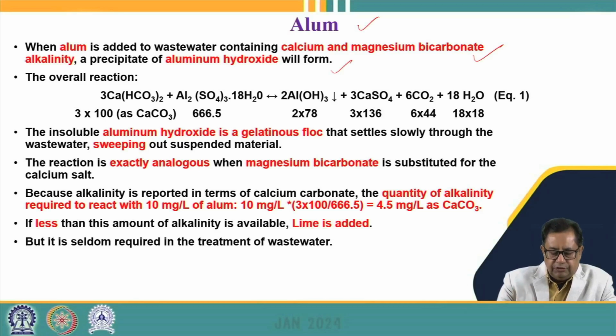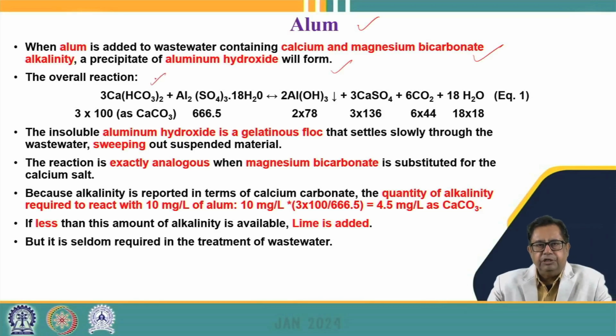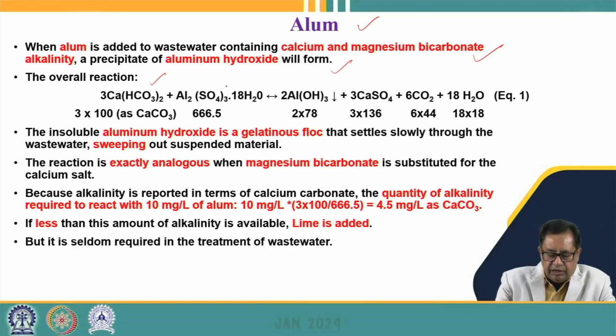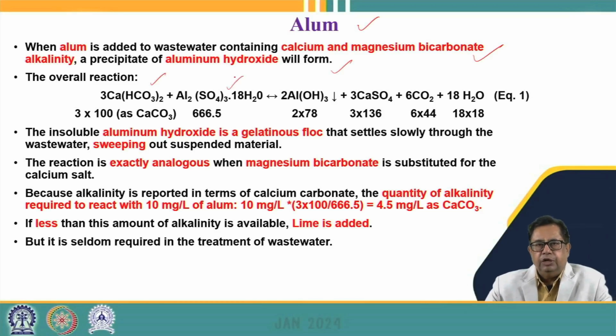In the overall reaction, calcium bicarbonate, which represents the alkalinity, reacts with the alum, that is Al2(SO4)3·18H2O. It forms the precipitate of aluminum hydroxide, and it forms calcium sulfate, carbon dioxide, and water.